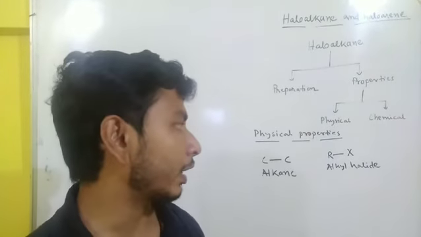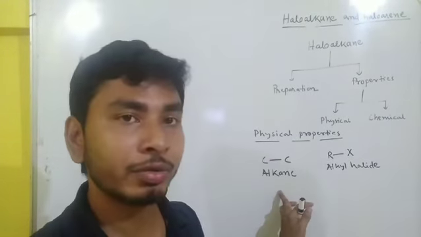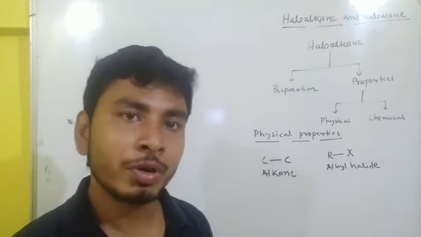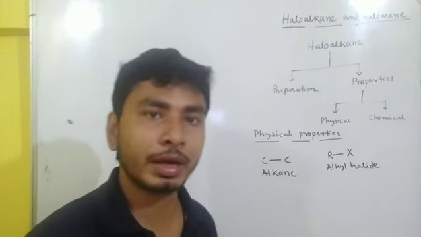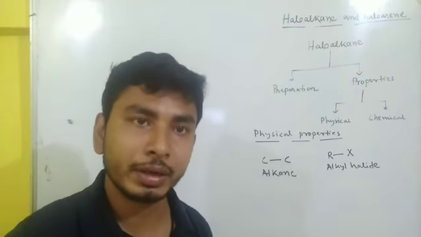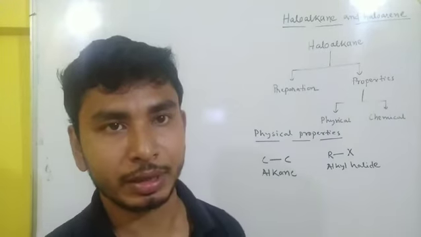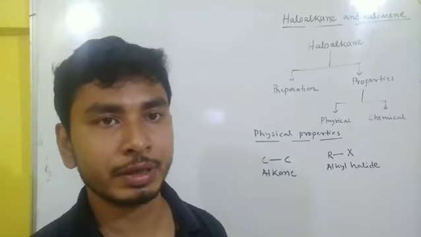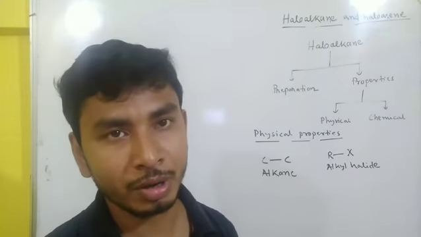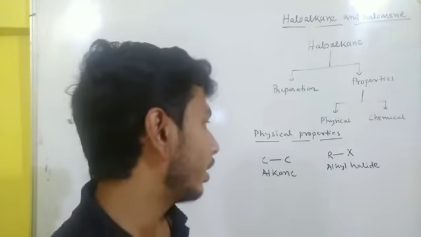Now out of the alkyl halide and alkane, which one is the polar molecule? We know that polarity depends upon the electronegativity. If there is a difference in electronegativity, then the molecule is polar, and if there is no difference in electronegativity between the bonded atoms, the molecule is non-polar.